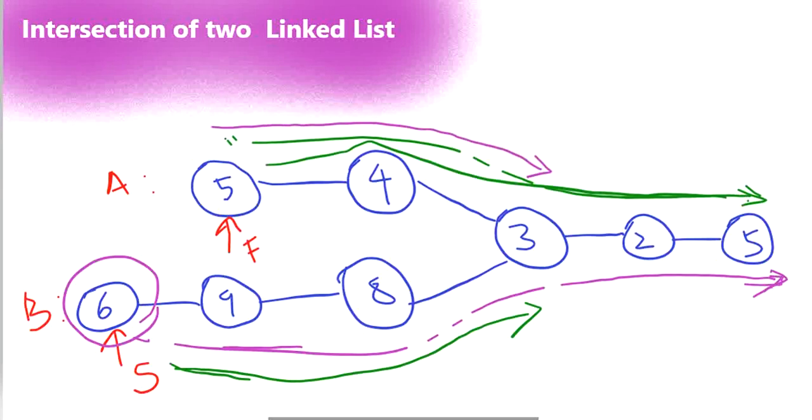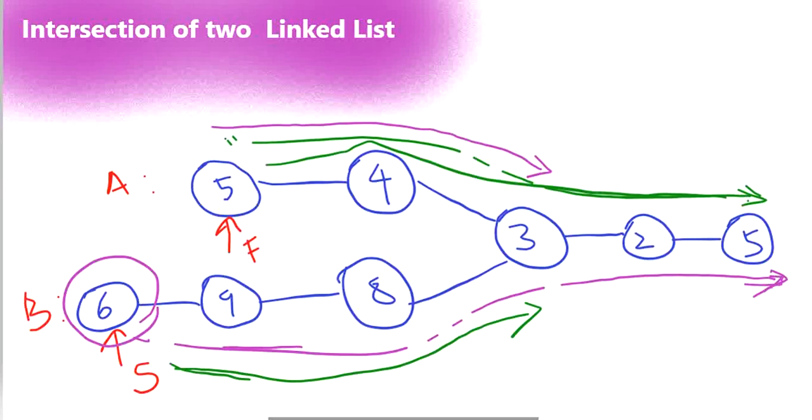It is very similar to something we already did, which is checking whether a linked list has a cycle or not. In that, we considered two pointers, one a fast pointer and another a slow pointer. As both pointers travel through the linked list, at some point they are going to meet.